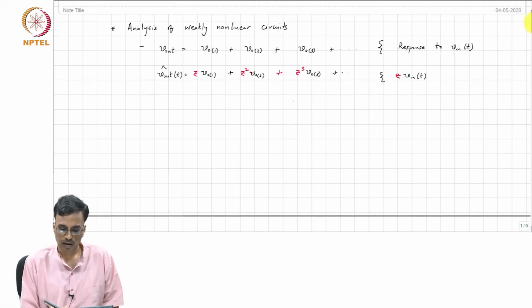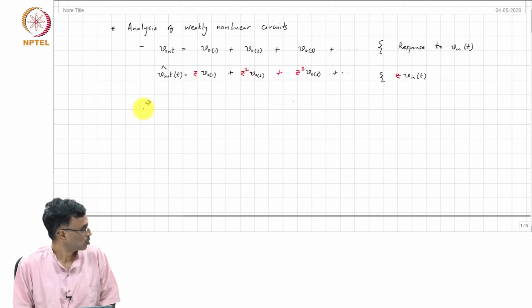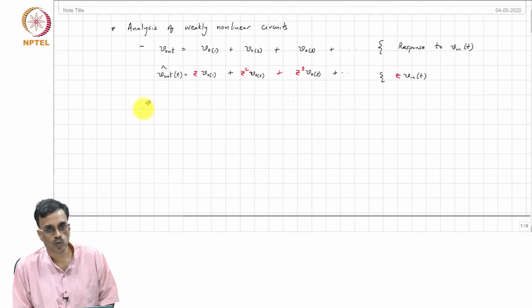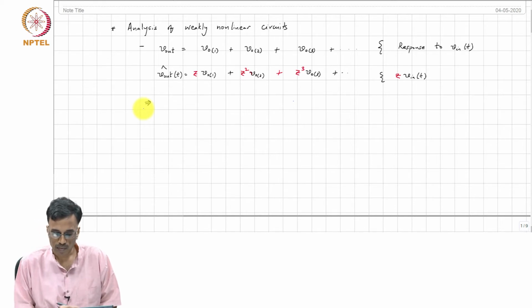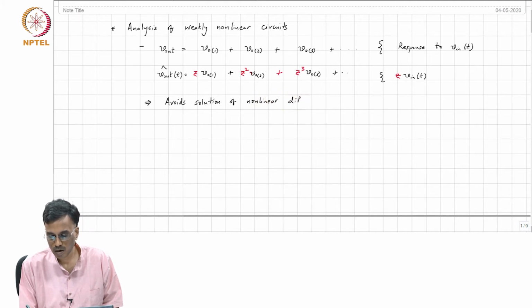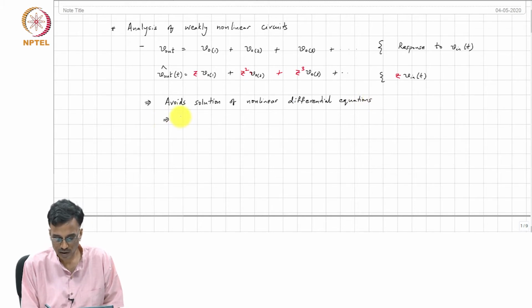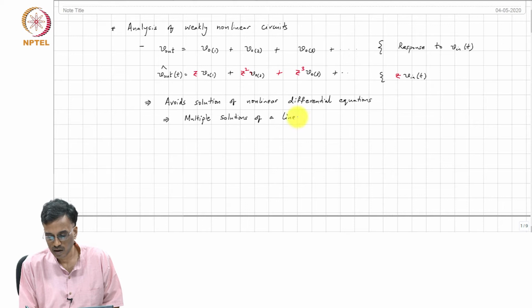Then we saw that this approach, where you split up the output into something which scales as z, something which scales as z square, and something that scales as z cube, is basically avoiding the solution of a nonlinear differential equation, and instead replaces it with multiple solutions of a linear network.